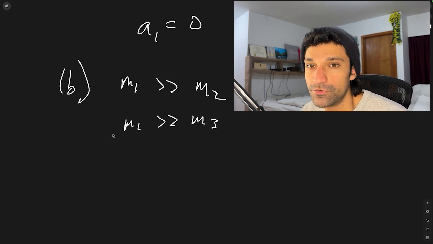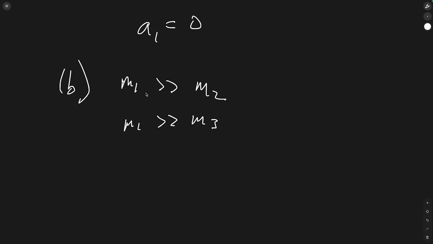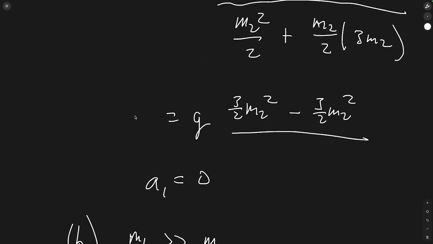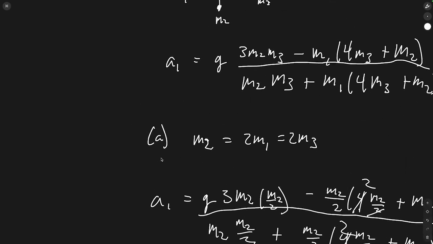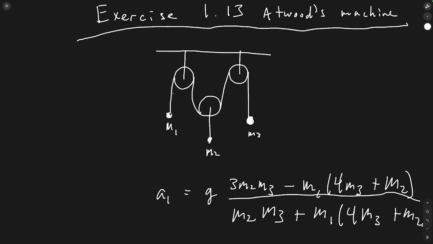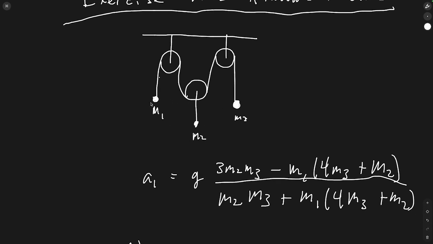Now I'll walk us through the solution. If m1 is much bigger than the other two, doesn't it make sense that the acceleration would just go down, and these two would be negligible? I'm thinking it would just go down in free fall, so just g. Let's see what happens.